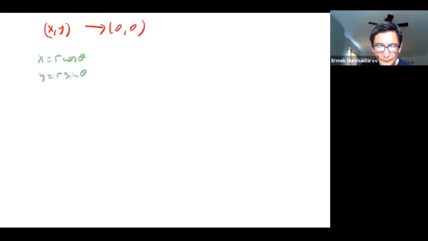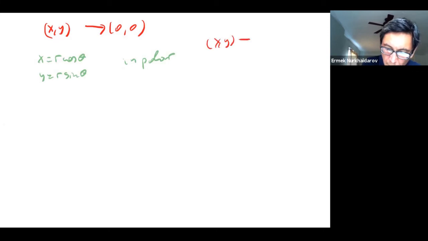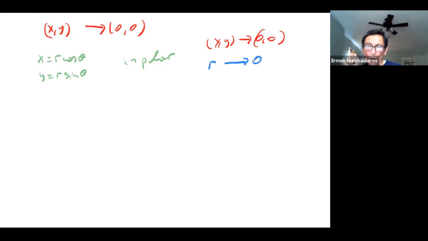And then in polar, instead of saying (x, y) approaching (0, 0), the same statement will be equivalent to saying the radius is approaching 0. The distance from the origin is going to be smaller and smaller and eventually 0.